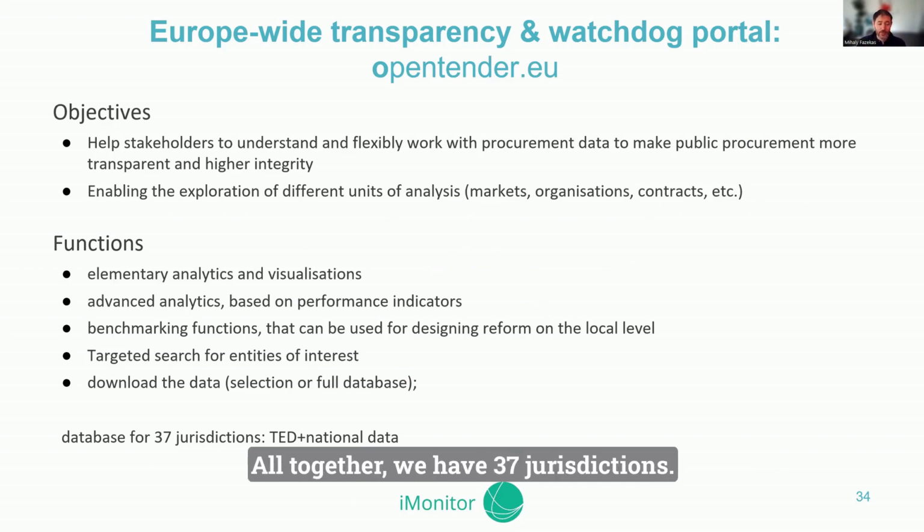Altogether, we have 37 jurisdictions, and the term jurisdictions refers to countries and entities, and the most notable entities, European Commission bodies. So there is a separate site for the contracts of the European Commission, which location-wise are scattered around in Europe, but in terms of regulations and bureaucratic organization, they are distinct from the countries they are sitting in.